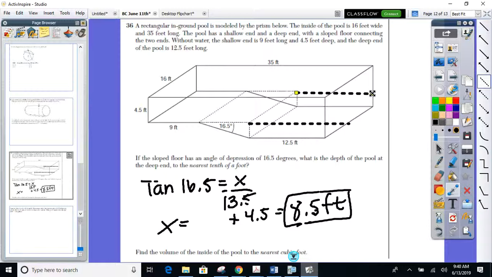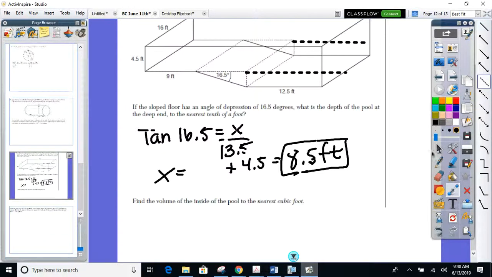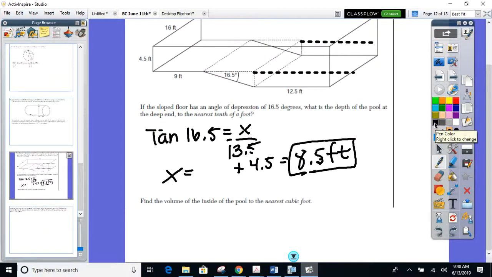There's a second rectangular prism at the deep end here. And then there's one more type of prism, but it's not rectangular. It's triangular. So there are 3 prisms I'm going to find the volume of and then add them together. Okay? So let's start with the volume of the big one because I think that's the easiest.